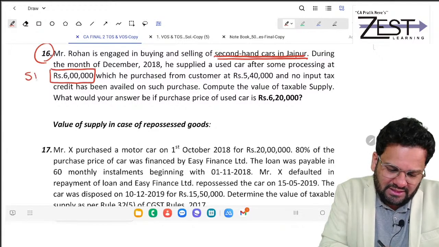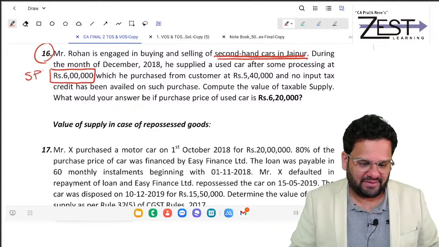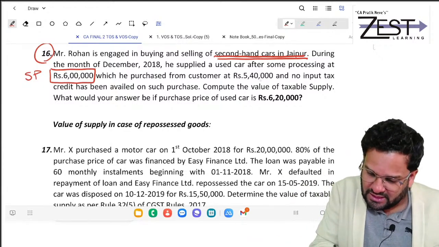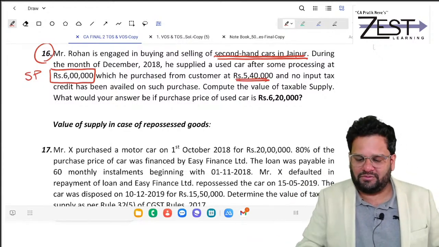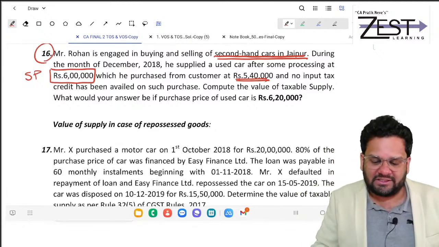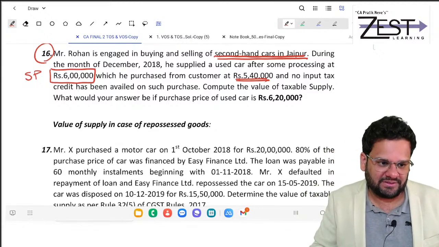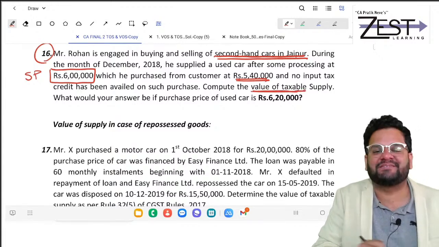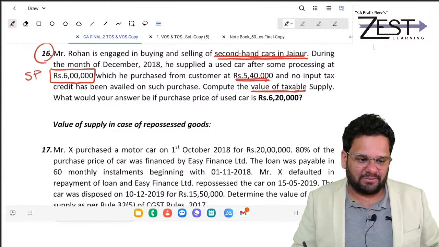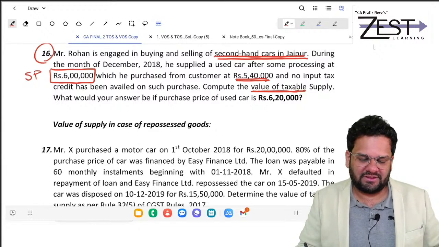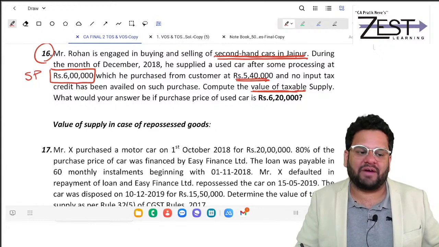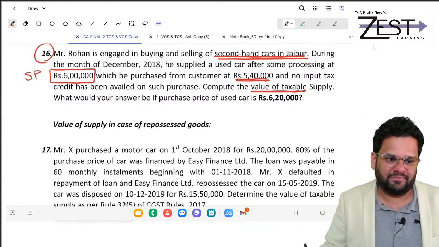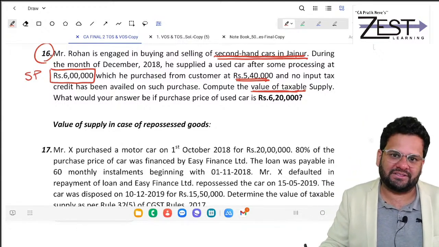So can I say 6 lakh is the selling price, which he purchased from a customer at 5 lakh 40,000, and no ITC has been availed on such purchase. So friends, tell me, what is the assessable value in this case? The assessable value is 6 lakh minus 5 lakh 40,000, that is 60,000. Did you all get 60,000?